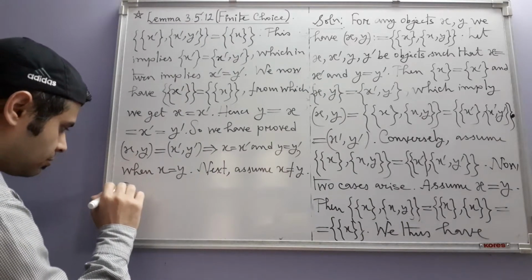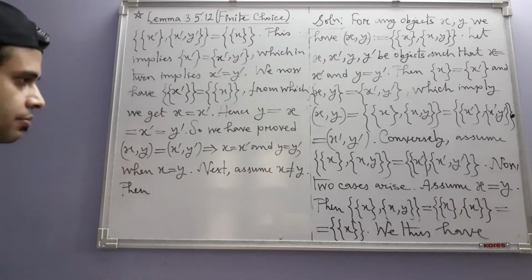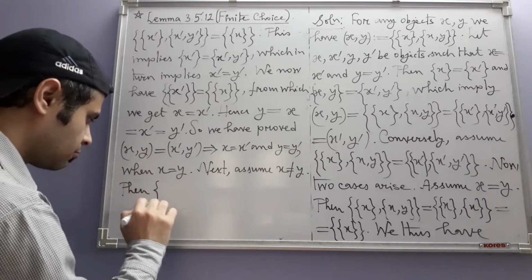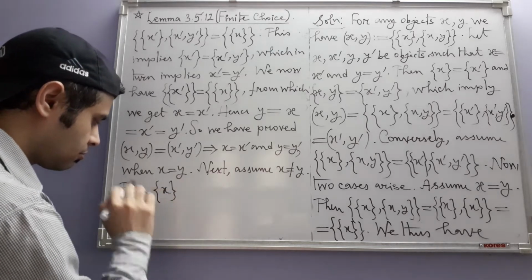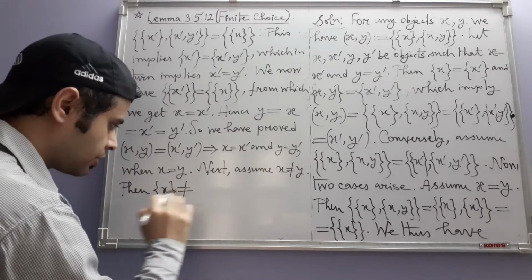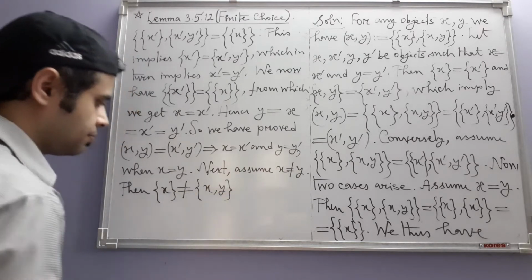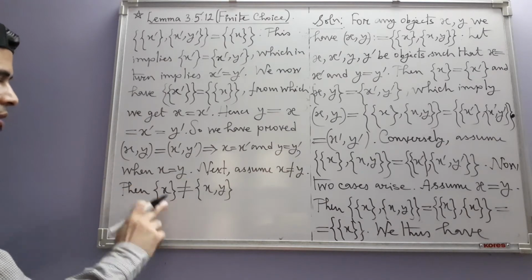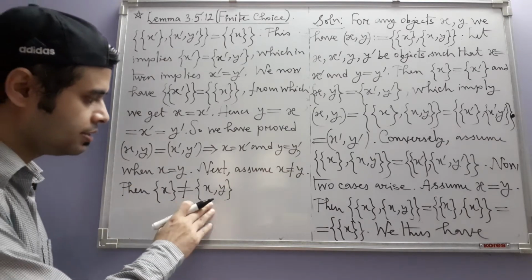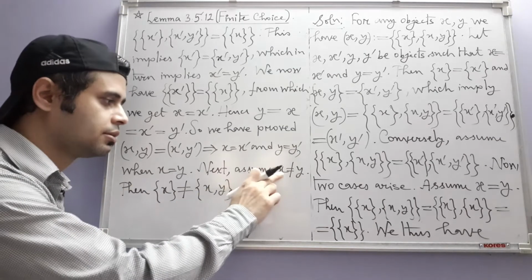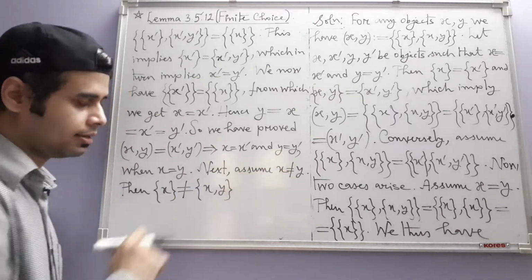Then this is not equal to x comma y, because this set has one element and this set now has two elements. From this condition we get that.